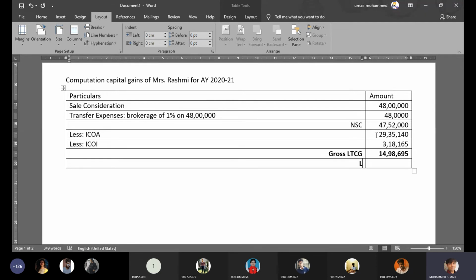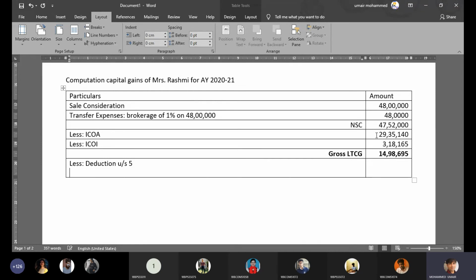Now, the next step is something we are doing new for the first time. Less: deduction under section 54. In fact, there are two, right? Because she has done both. Purchase of new house property.